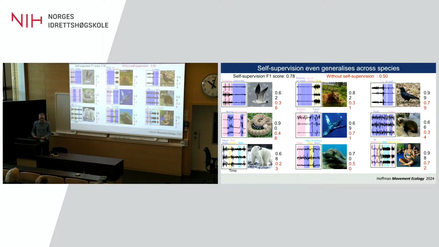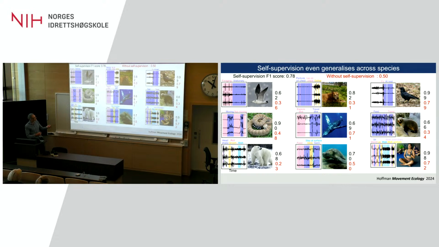Then they said, we have that model from the UK Biobank in humans. It's trying to capture features fundamental to motion, so could we use that to give a heads up, and just retrain the final layer on the polar bear specific data? When they did that, the F1 score went up from 0.23 to 0.68, and they didn't stop there.